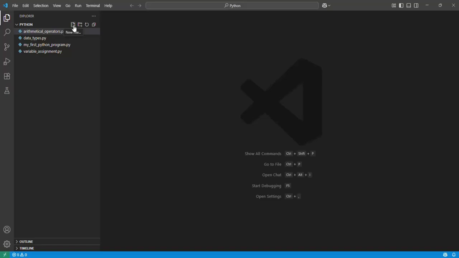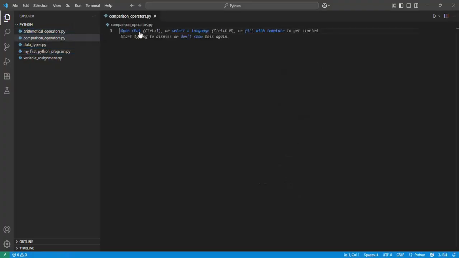So new file, I name it comparison operators.py, then I press enter. Now my comparison operators file has been created. So we will look at the comparison operators in Python.